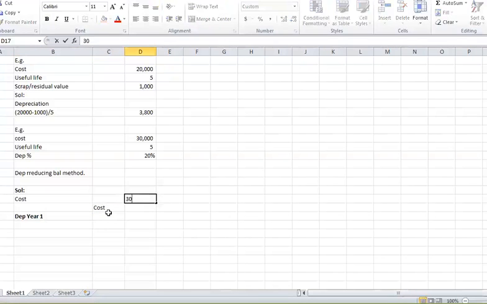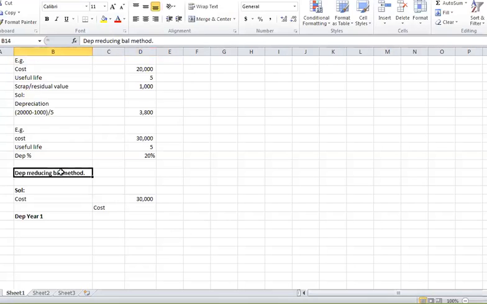We have purchased this asset for £30,000. This is the cost of this asset. And in the reducing balance method, we will charge depreciation on carrying value.